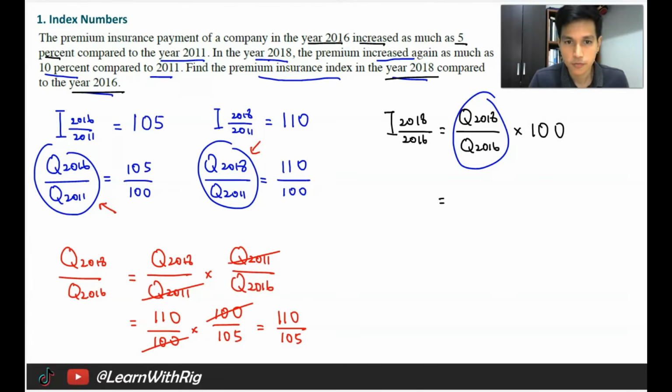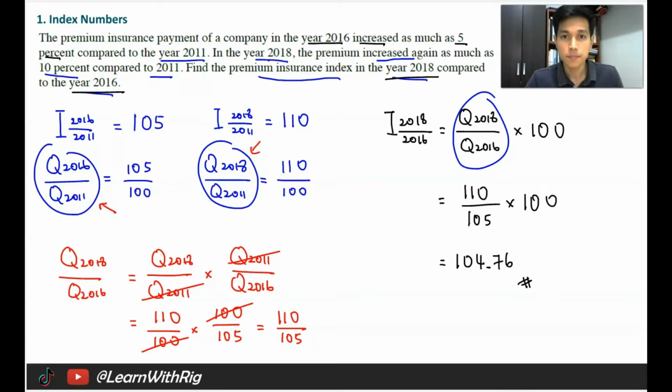The formula is 110 over 105 multiplied by 100. So you key in your calculator, you should get 104.76. That means the premium insurance increase, the price increase lah, in other words. Okay, so that's how you solve this kind of question.